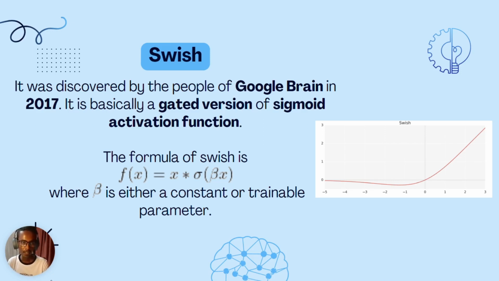This activation function was discovered by the people at Google Brain in 2017, and it's basically a gated version of a sigmoid activation function.